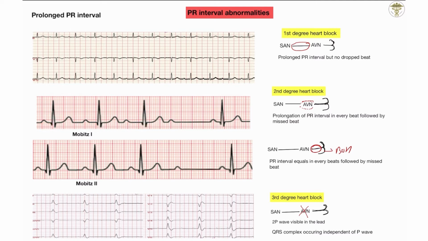I will make the diagram so you will understand very well. Here like this is the P wave and this is the PR interval. Like this is the QRS, and after that this is the T wave.